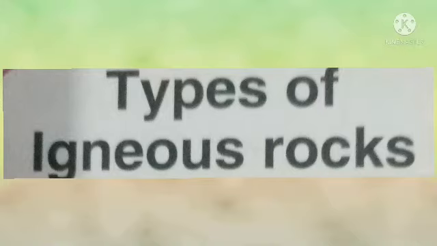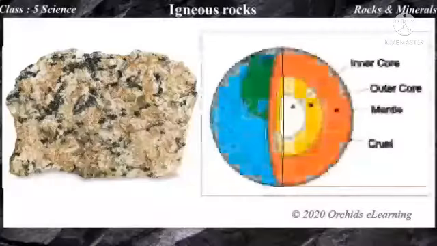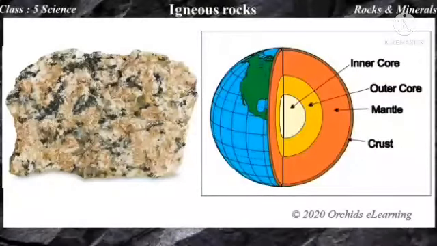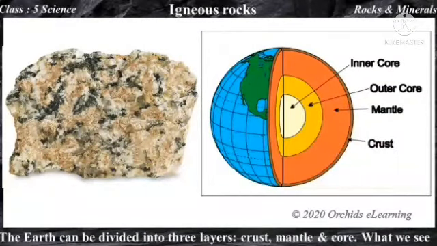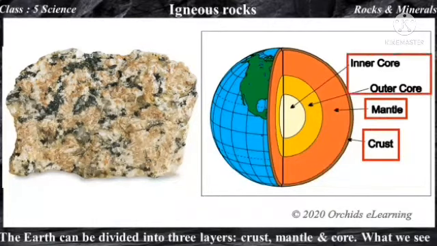There are many types of igneous rocks. Each type of igneous rock contains different minerals of different sizes. Let us study about the different types of igneous rocks. First, igneous rocks. The earth can be divided into 3 layers: crust, mantle, and core.